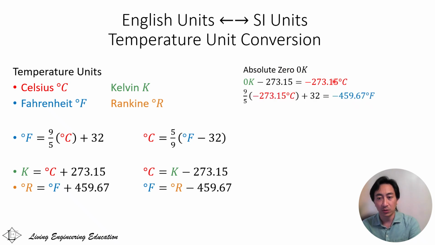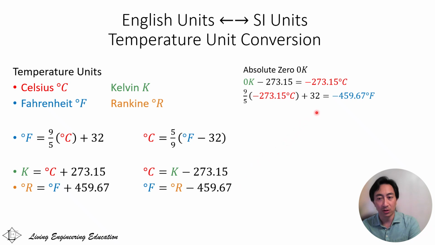If I want to convert between Celsius now and Fahrenheit, I take that temperature in Celsius and I plug into this equation here. We get 9/5 times negative 273.15 degrees Celsius plus 32. And I get negative 459.67 degrees Fahrenheit. And it's not a coincidence that this value is the exact same as this value.